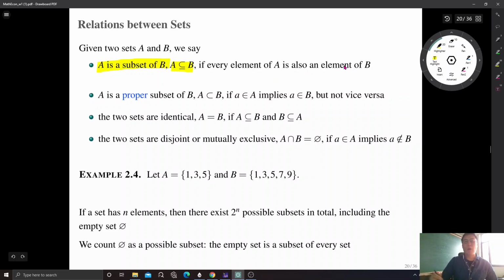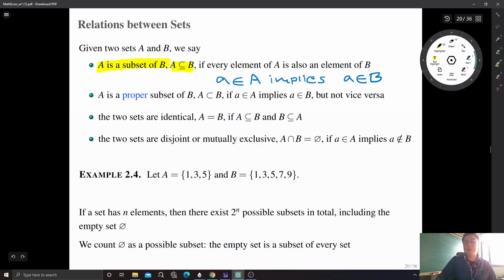Another way to express this is: if an element a is in set A, this implies element a has to be an element of set B. If this statement is true, then we say A is a subset of B. And if A is a subset of B, then we call set B a superset.